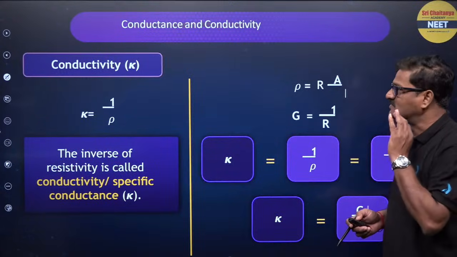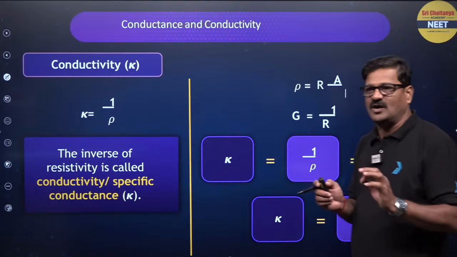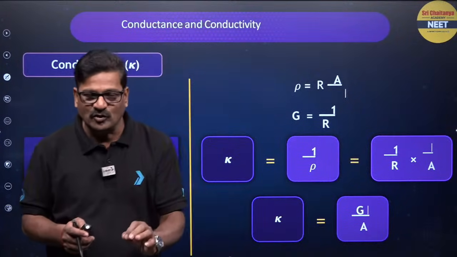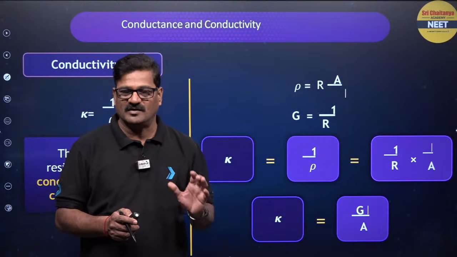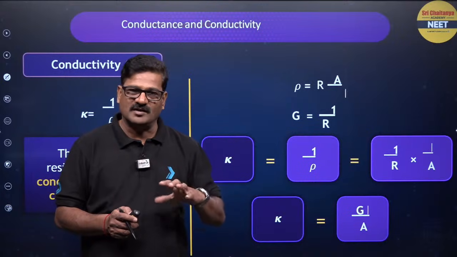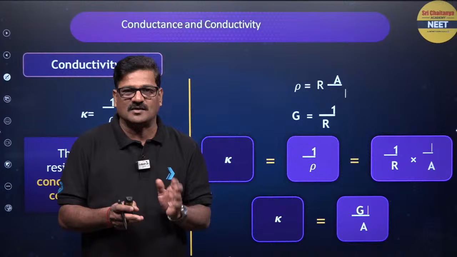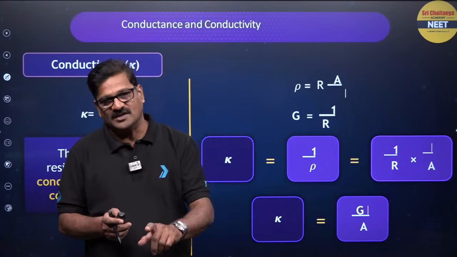K is called specific conductivity. The conductivity offered by 1 centimeter cube of electrolyte is called the specific conductivity, or conductivity measured between two electrodes of 1 centimeter square area separated by 1 centimeter.